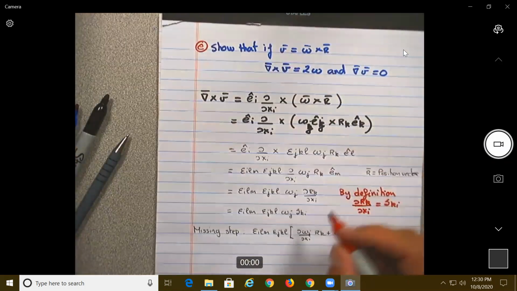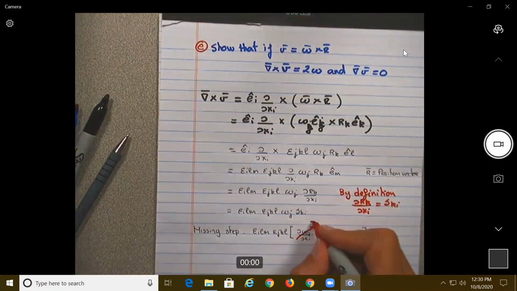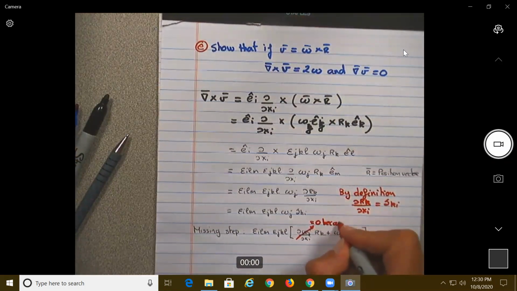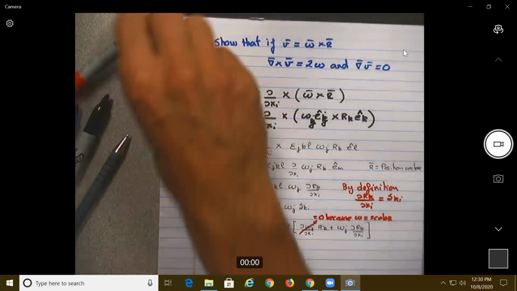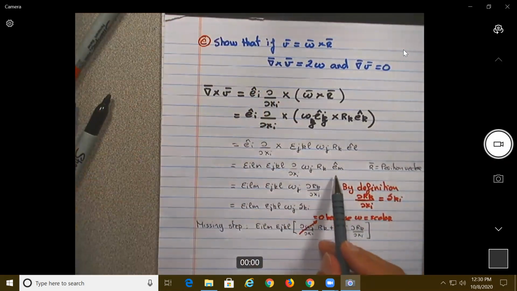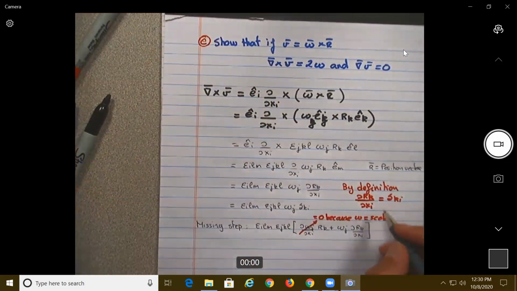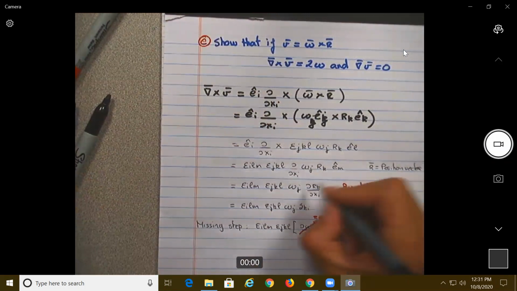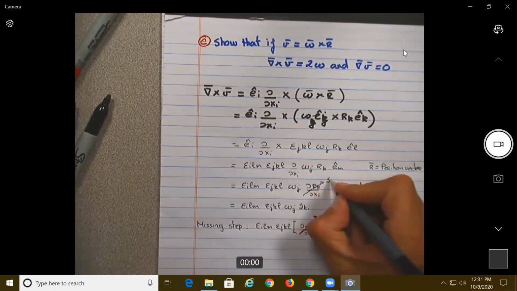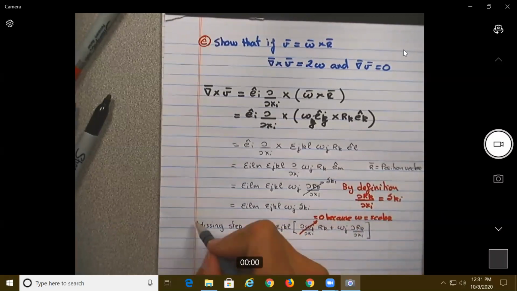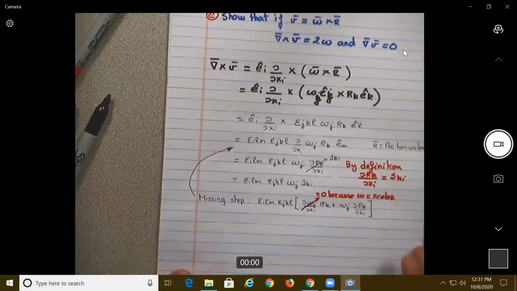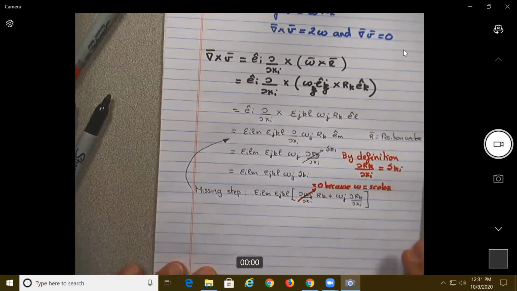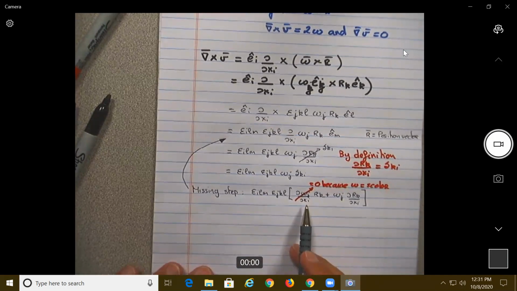So we say this first term is equal to 0 because omega was assumed to be a scalar, no? And that's how we ended up with this expression over here, and this expression here is what we say is delta_ki. So this missing step should go right here. I think it's important, otherwise it misses everything.